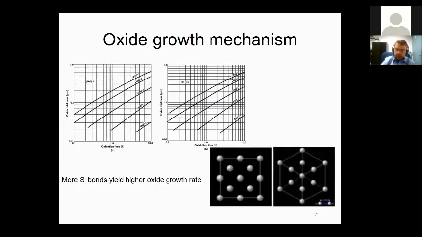Okay, so the oxidation rates and the oxide thicknesses will depend on the temperature. These are several different temperatures on the graph that you can see, and this is the time axis. This is time, and this is the oxide thickness in terms of micrometers.